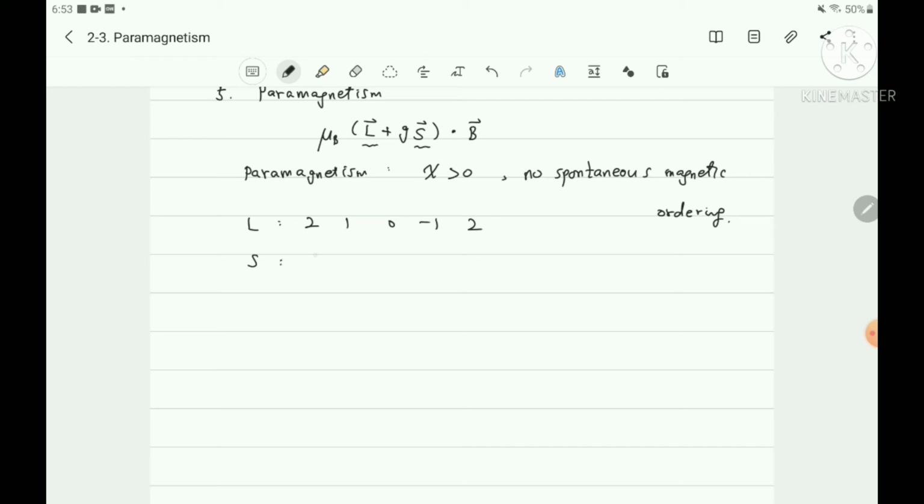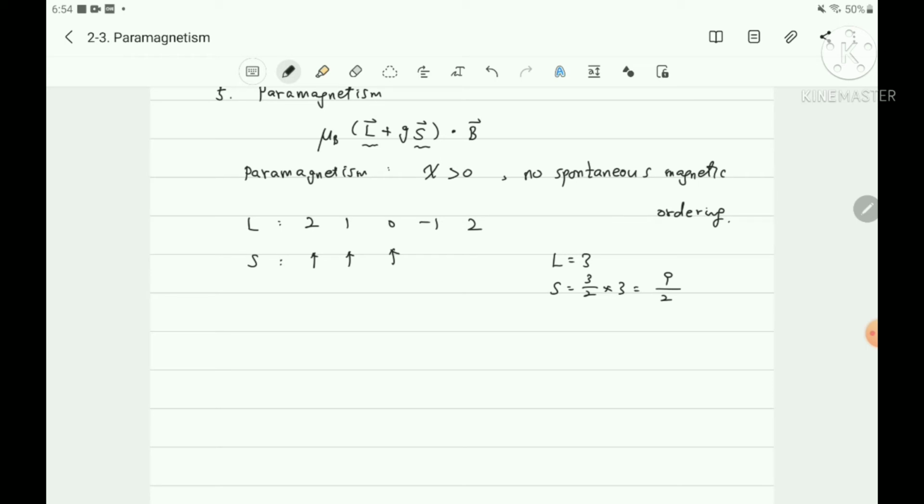If, for example, there are 3 electrons with spin occupying the orbitals, the total orbital angular momentum is 3, and the spin angular momentum is 3/2. Therefore, the total angular momentum L plus S is a non-zero value, and there is a finite angular momentum.